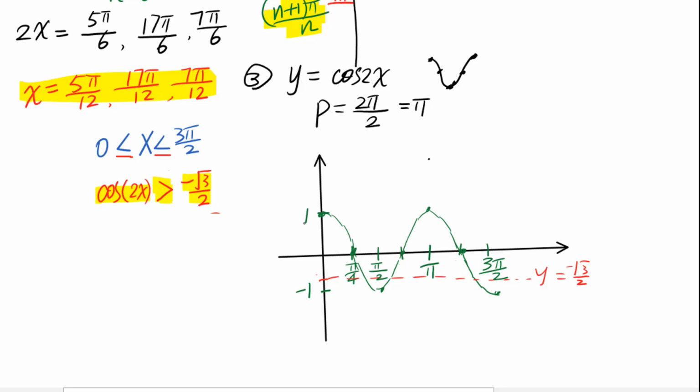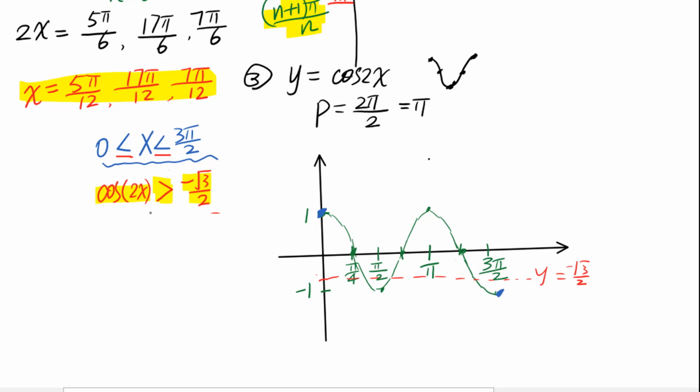Let me show you how to write down the solutions. First of all, this is the domain: x greater than or equal to 0, less than or equal to 3 pi over 2, which means this is a closed circle.